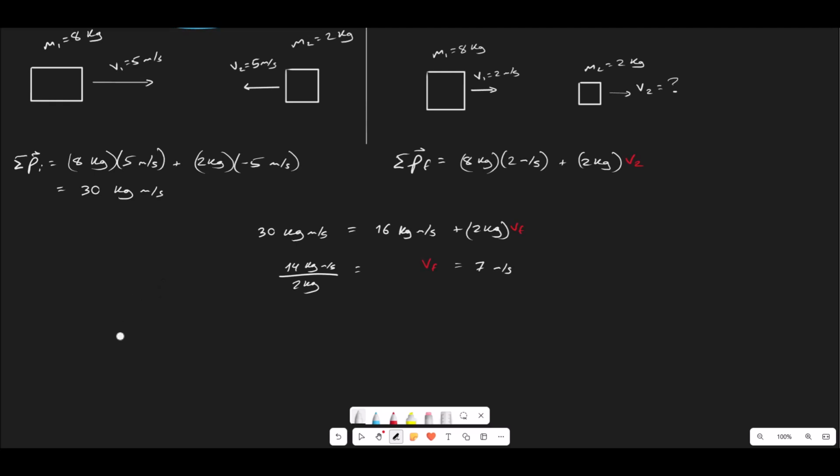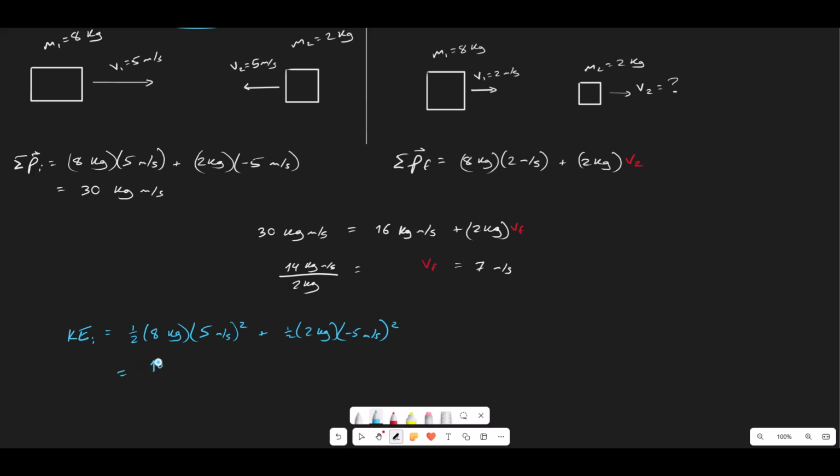And now we're going to look at the energy. The energy initial is half 8 kilograms, 5 meters per second squared, plus half 2 kilograms, negative 5 meters per second squared.